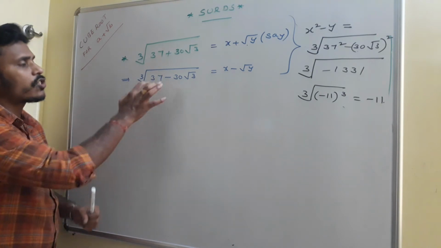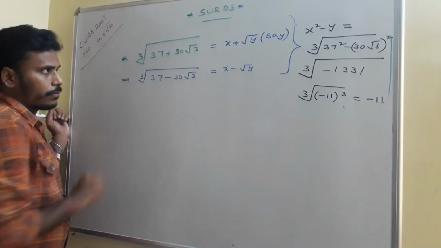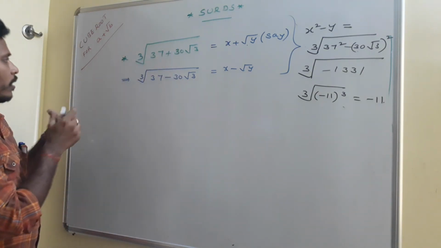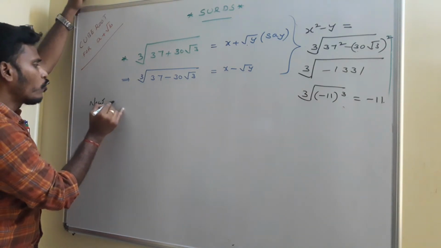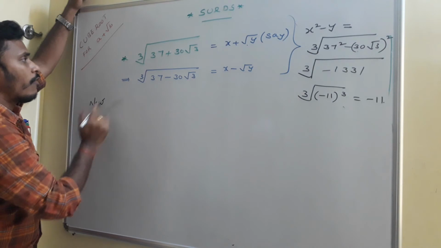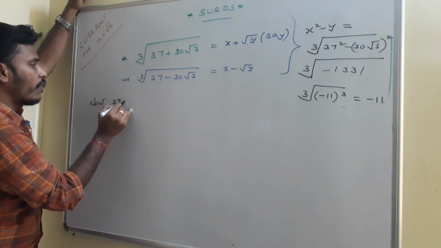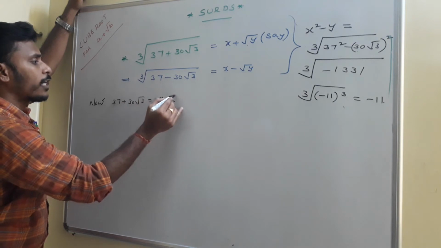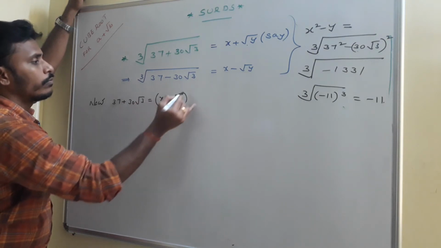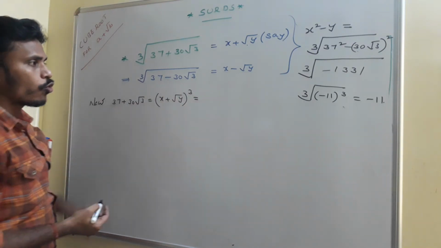And now, just cube on both sides. If I go with the first one, we already discussed earlier. Now, if you cube on both sides, from this relation, 37 plus 30 root 3 is equal to x plus root y whole cube. What is x plus root y whole cube?